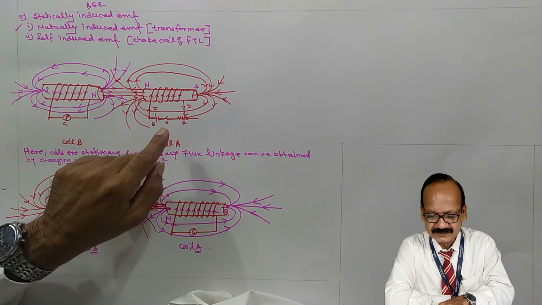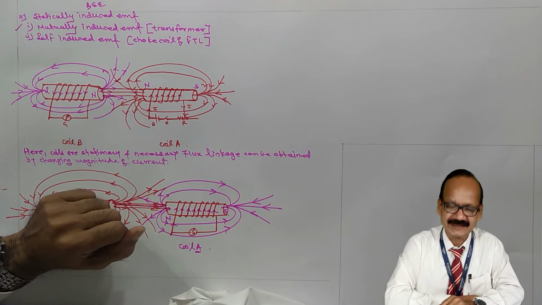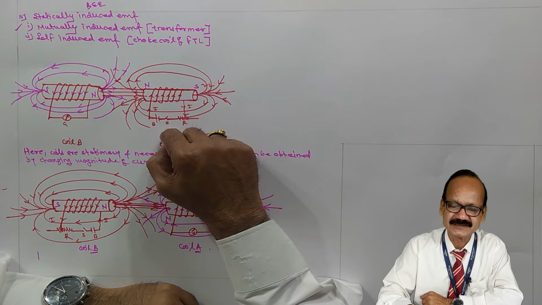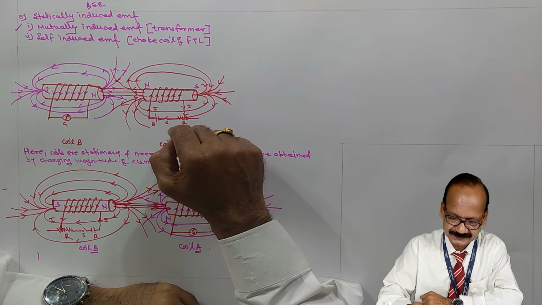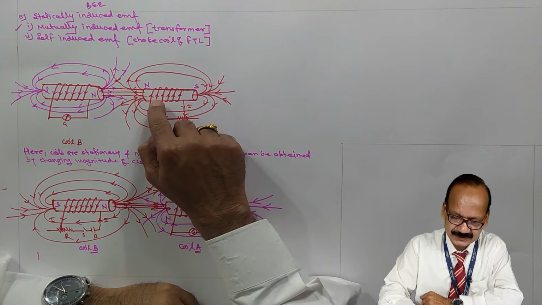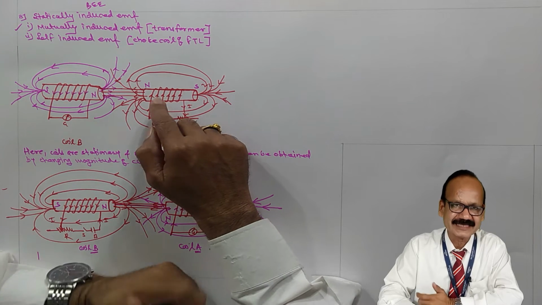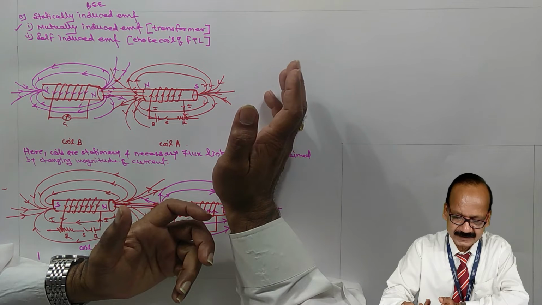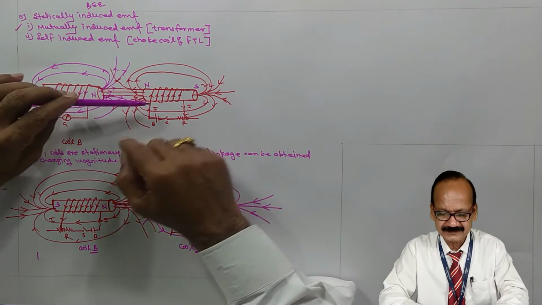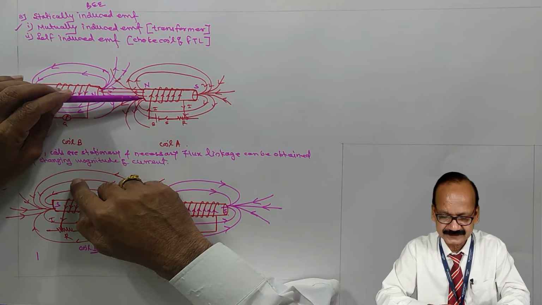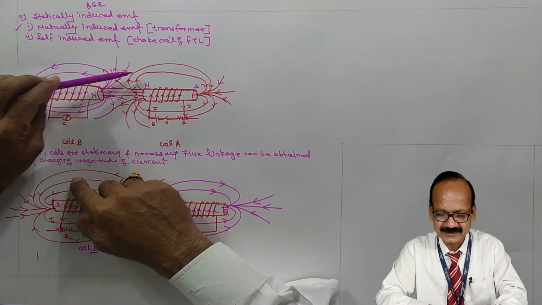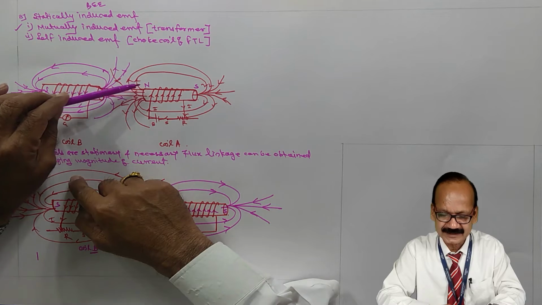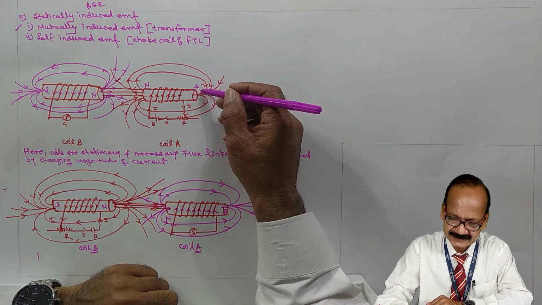Now when the switch is closed for the coil A, current will start flowing in coil A and it produces its own magnetic field. So the direction of current is shown here, and as per the end rule which we have already learned, looking from the left hand side for the coil A, the current seems to be flowing in anti-clockwise direction, producing the north pole on the left hand side and south pole on the right hand side.